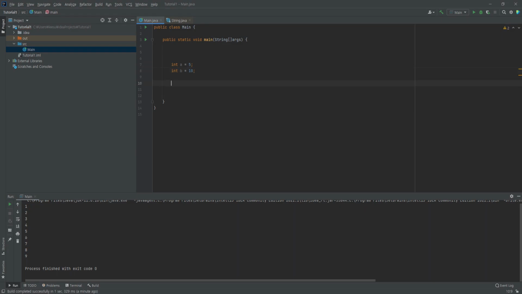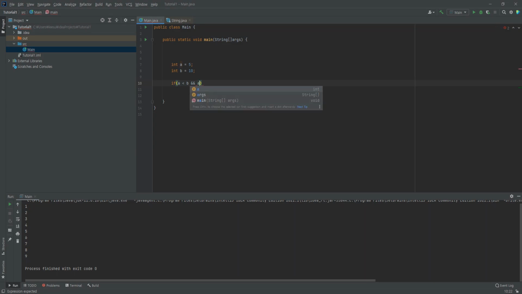So let's say if a is greater than b, no, let's make it and. So let me show the example first.